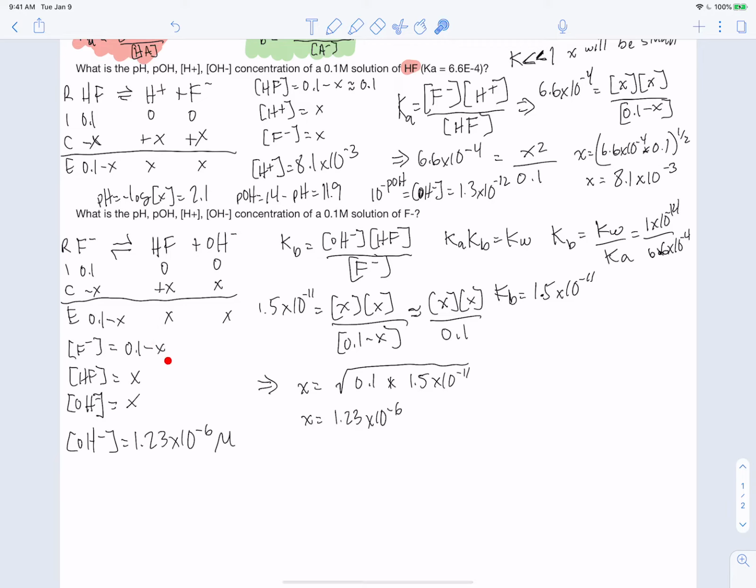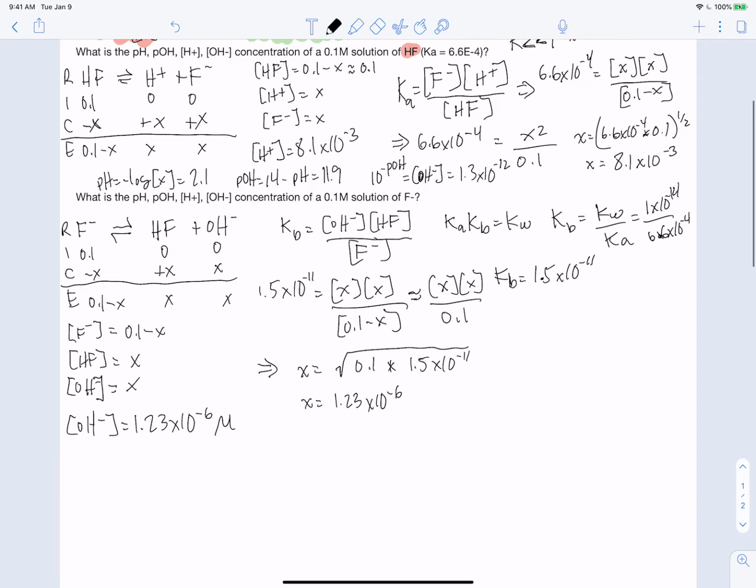So we don't have to worry about solving these parts because the question doesn't ask us for either of those concentrations. It's just asking about the pH and the POH. All right, so we've solved OH minus. We can solve for H plus a number of different ways. One is to recognize that this is always true.